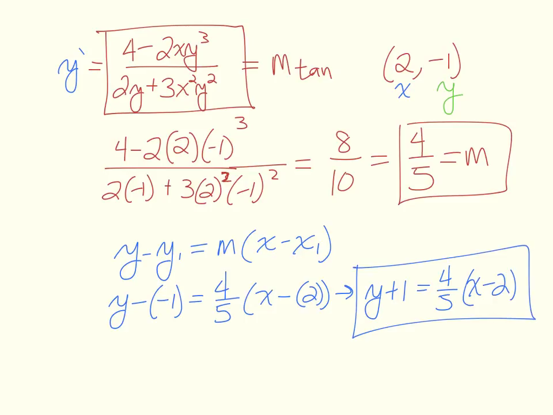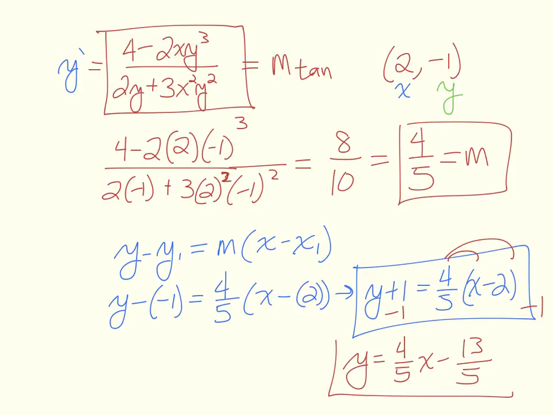If you like the slope-intercept form of a line, all we need to do is distribute this 4 over 5 and subtract 1 from both sides, essentially solving for y. And that equation in slope-intercept form is y equals 4 over 5 x minus 13 over 5.